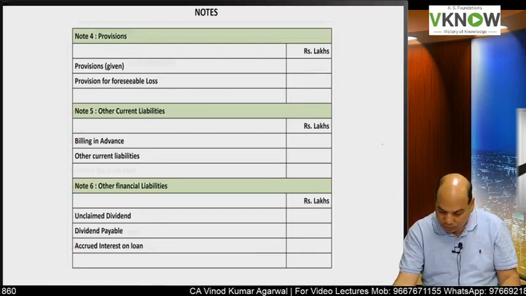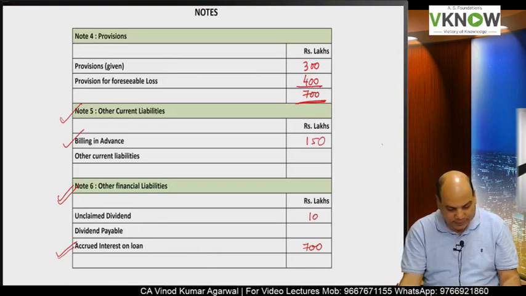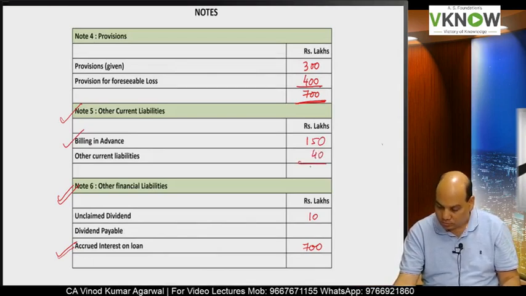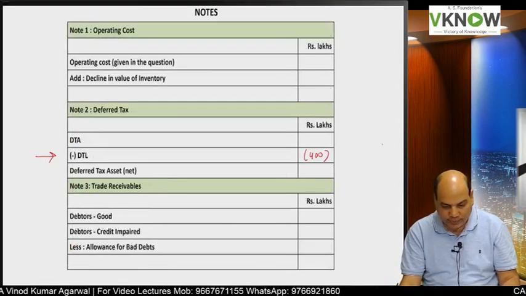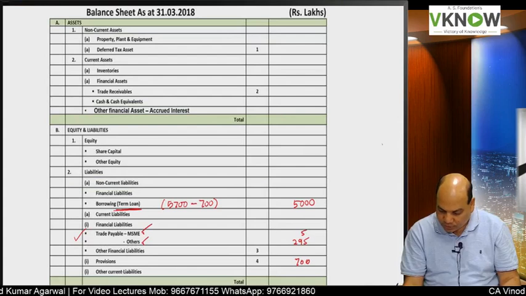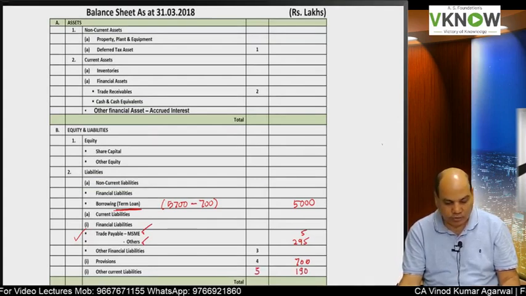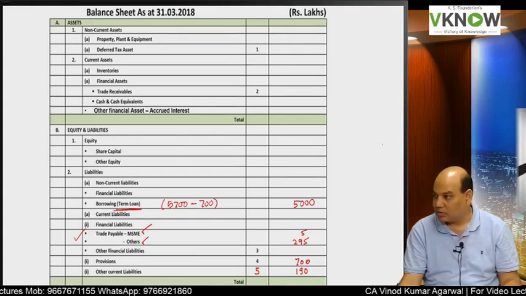Note 5, billing in advance 150, and other current liabilities in the same place 40. So what is the total? 19. So this I can transfer to balance sheet, other current liabilities. Come to balance sheet, last item 19, and what was that note number? 5. Note number 5, write down if not written. Any query, please ask me. Any query?